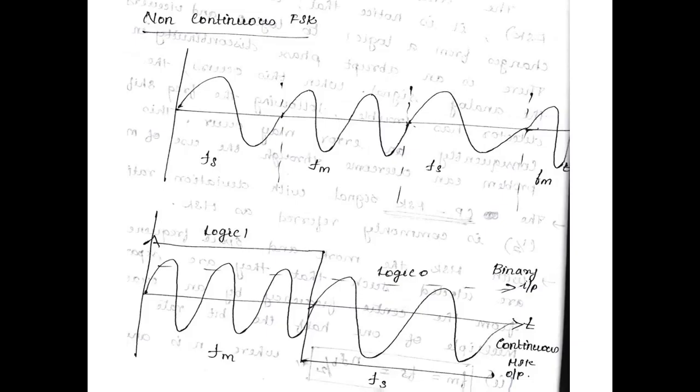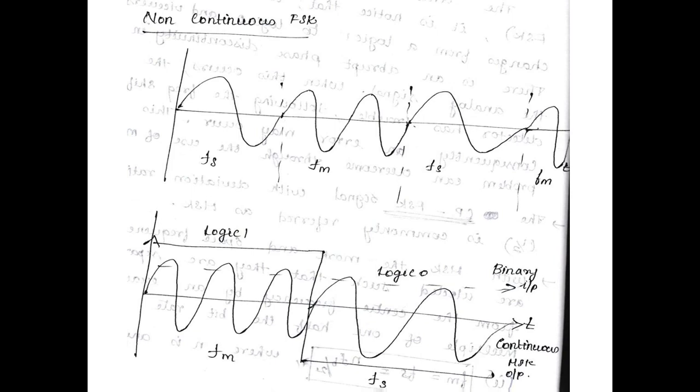Here are just the two diagrams. The first is non-continuous FSK and the second is for MSK, or continuous phase FSK with deviation ratio of half. Above, the frequency is Fs, then mark, then Fs, and then mark. On the lower side is the representation for logic 1 and logic 0.